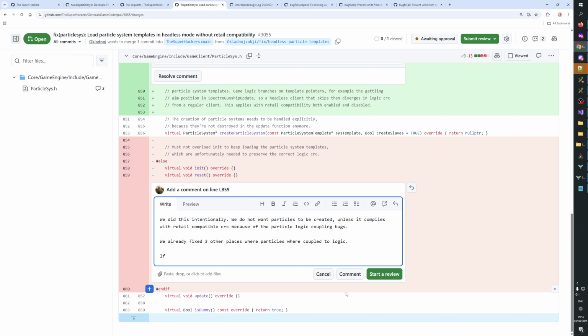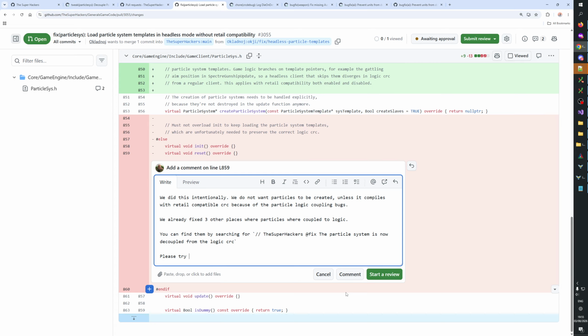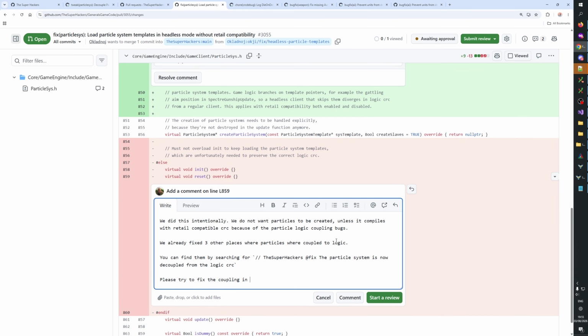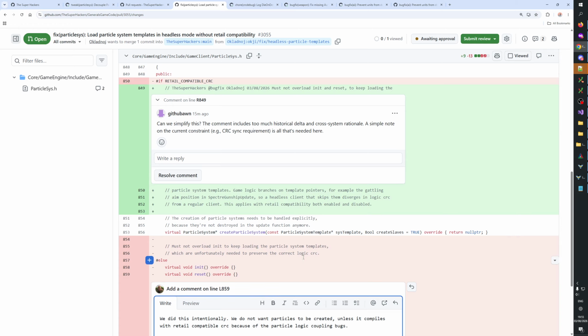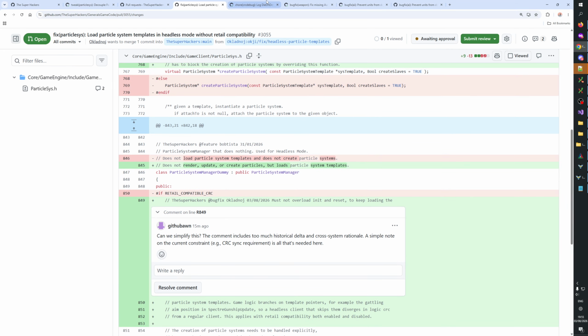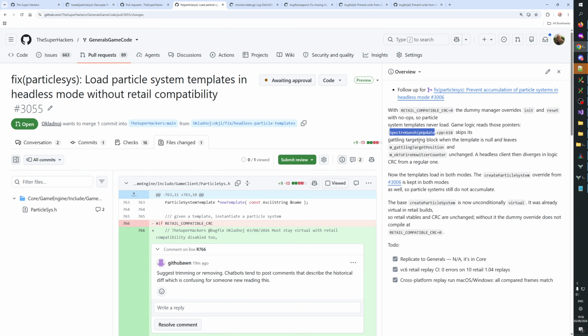If you can find them by searching for this, please try to fix the coupling, the particle logic coupling in, what was it? Battleship Spectagon ship.